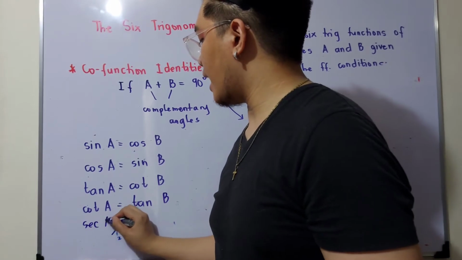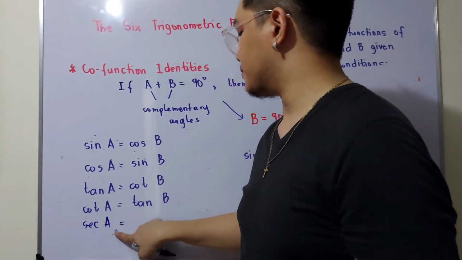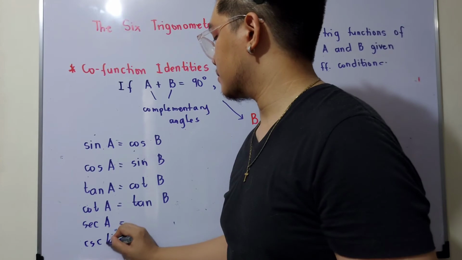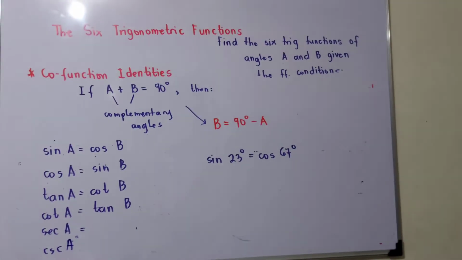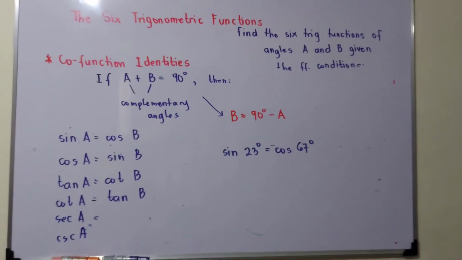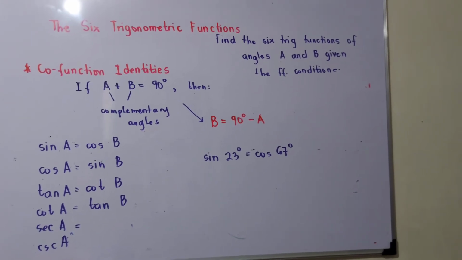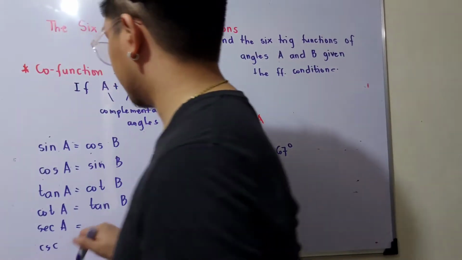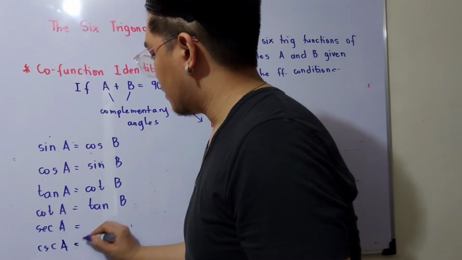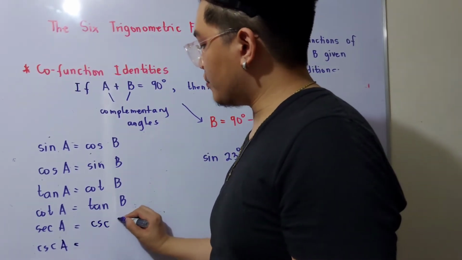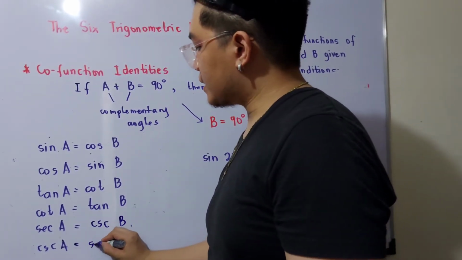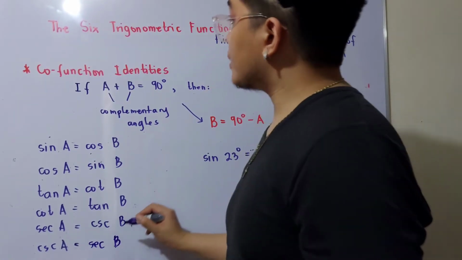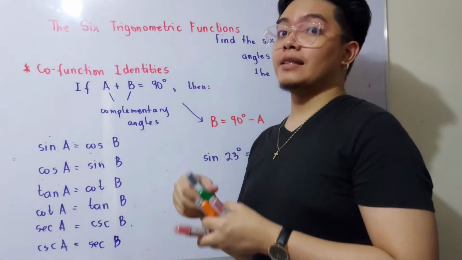And then yung secant at saka cosecant. Ito ay equal sa cosecant ng B. Ito naman ay equal sa secant ng B. So, ito yung tinatawag natin na co-function identities.